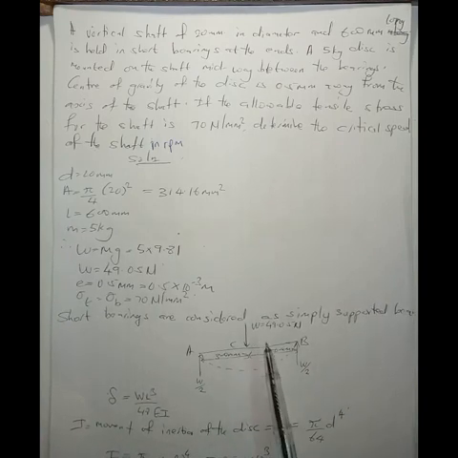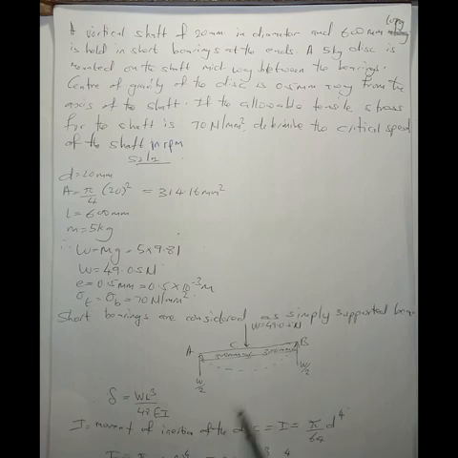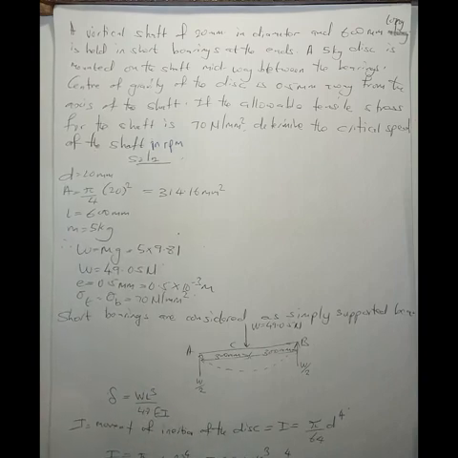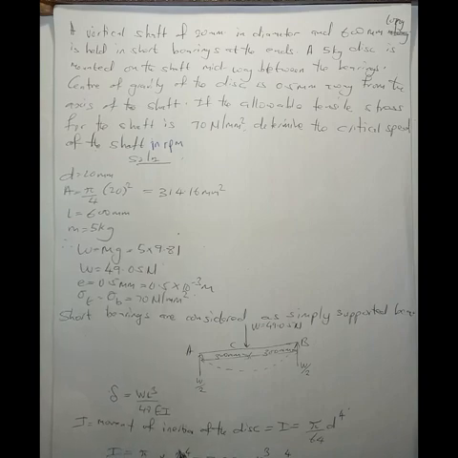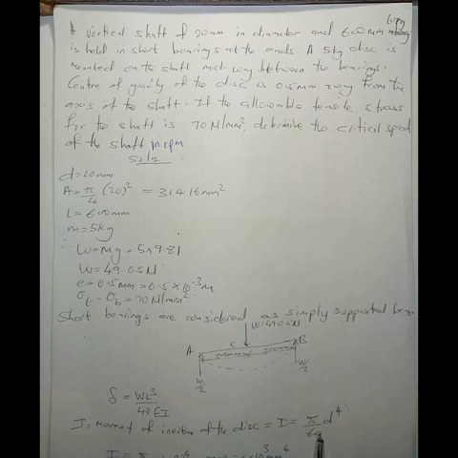Anytime we have this kind of static configuration, we are expected to find the static deflection. The static deflection is given by WL cubed over 48 EI, where I is the moment of inertia of the shaft, and this is the formula for it.